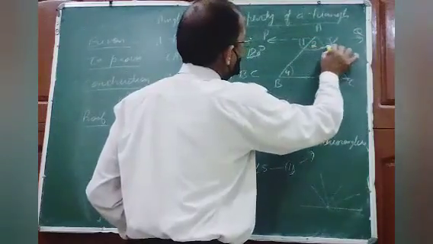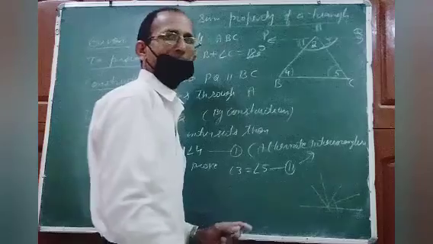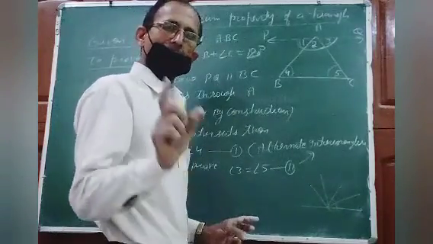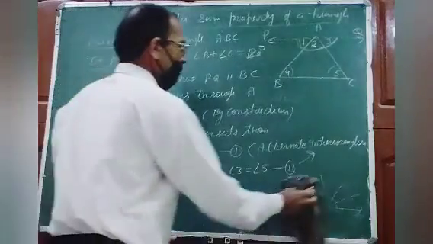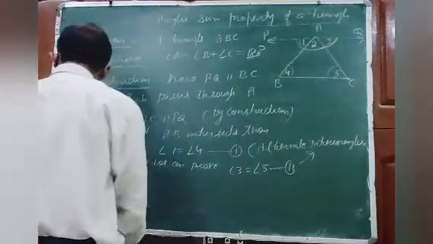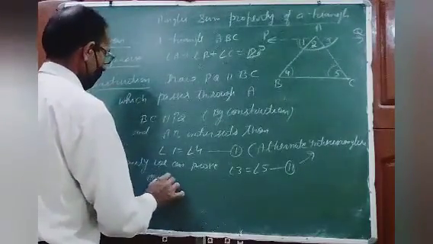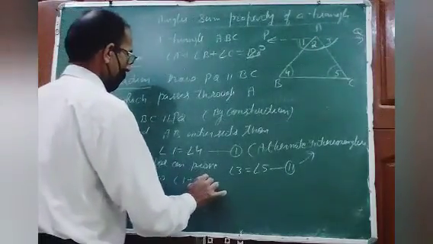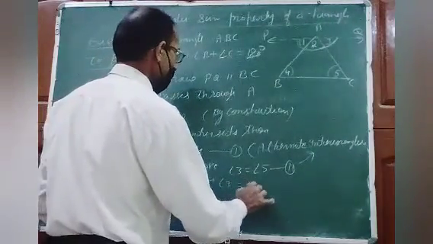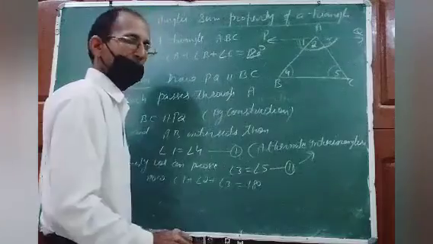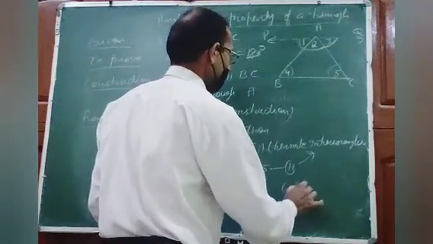So if I add angle 1 plus angle 2 plus angle 3, the measures of all these 3 angles will be 180 degrees. So angle 1 plus angle 2 plus angle 3 is equal to 180 degrees. Reason: straight angle.